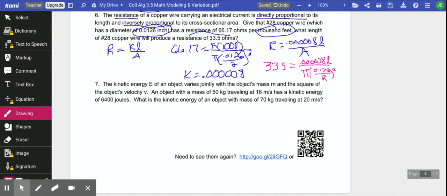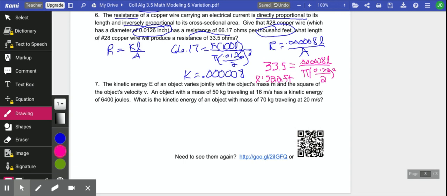And again, you're going to solve that equation here for L. So you'll do 33.5 times pi and then this whole mess squared, and then divide everything by 0.000008. And we find that L turns out to be 522 feet.